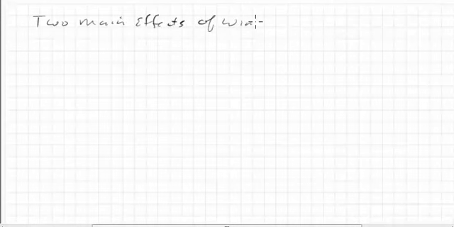Alright, well clearly windowing has some effect in the frequency domain, and there are two main effects of windowing. Let's see, I better spell that correctly.